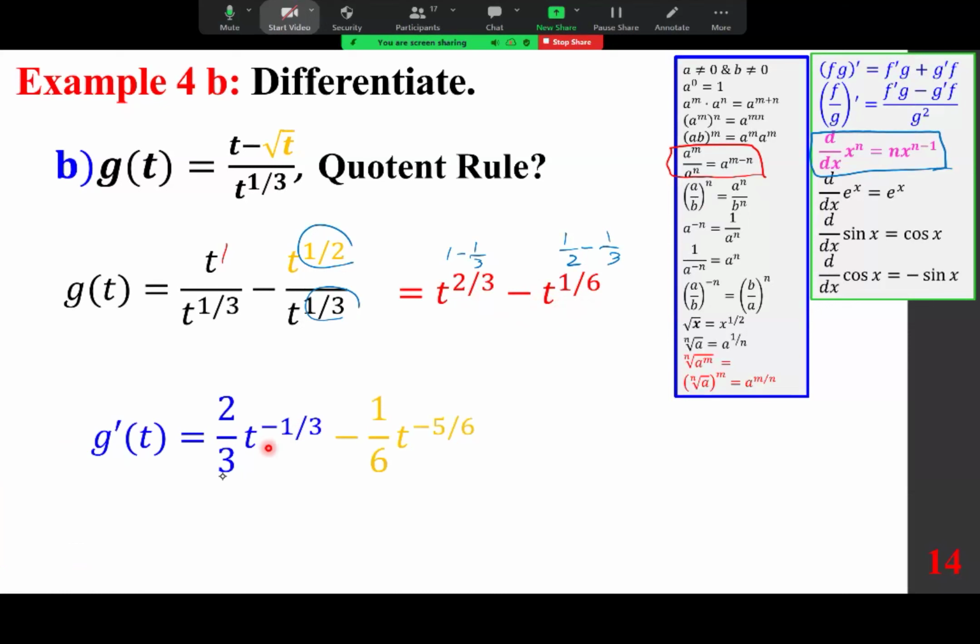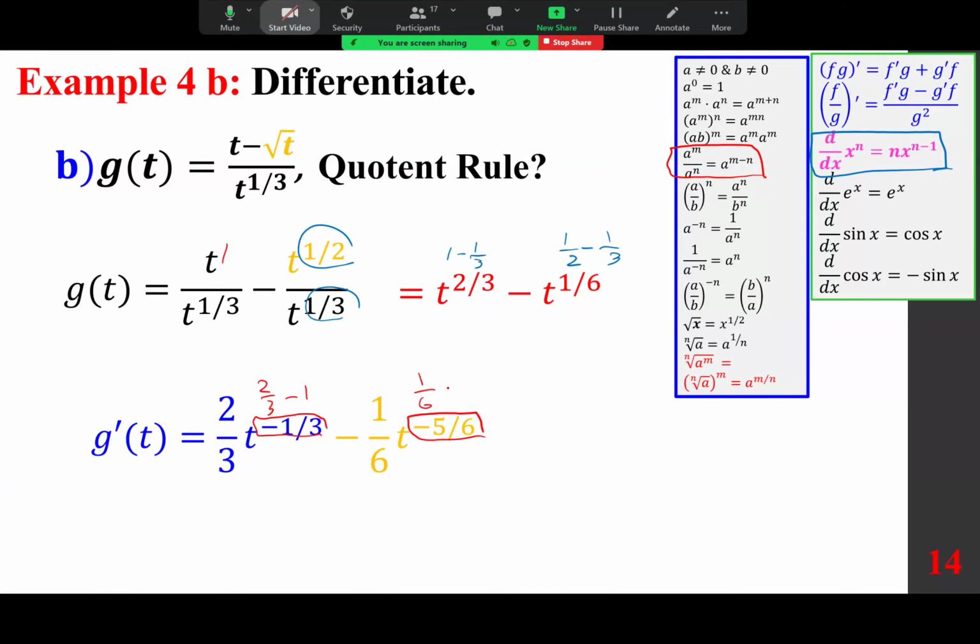So again, this one is 2/3 minus 1, and this one is 1/6 minus 1. Now, again, back to the negative exponent rules.